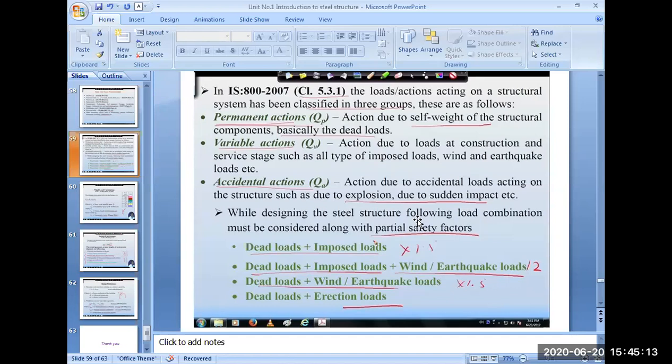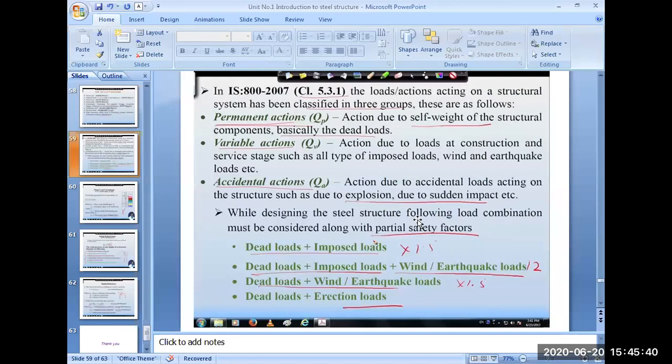And the last combination is the dead load plus erection load. So with the help of these four load combinations, we can design our civil engineering steel structure. We are seeing this as an introduction in unit number 1, but we have to analyze and design our steel structural member in unit number 7.